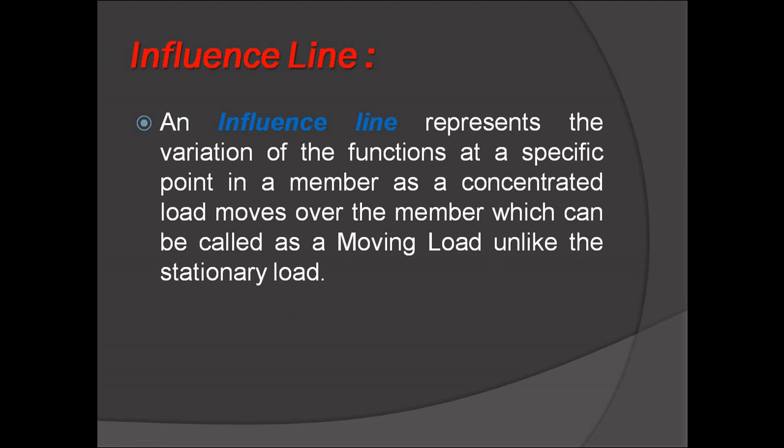It represents the variation of the functions at a specific point only. Even though the load moves from A to B, we suppose that the load is stopped at some point, and the variation it causes when moving from A to B or B to A, that line is called an influence line.